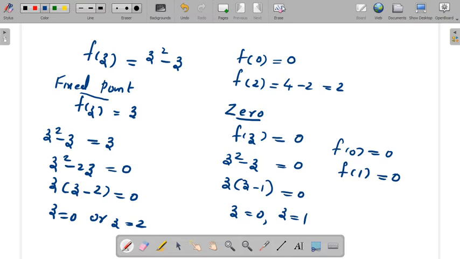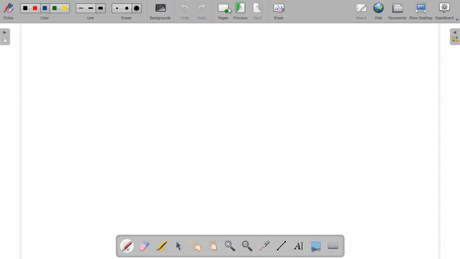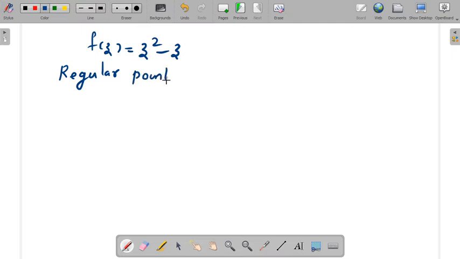Now the next thing we have seen is the regular points. Regular points are points at which the function is analytic or differentiable. And we have seen that all polynomials are differentiable functions. So this is a polynomial of degree 2, hence this is a differentiable function.